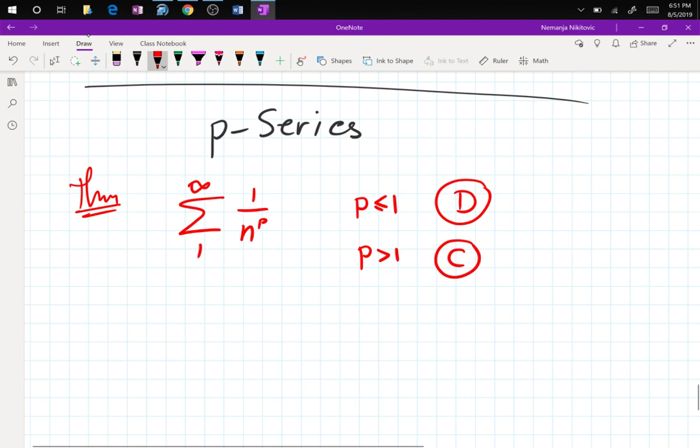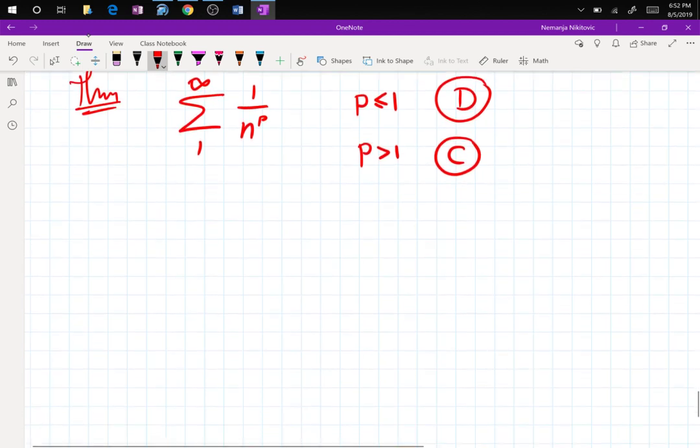And you can see quickly that 1 over n squared, P is 2, 2 is bigger than 1, that converges. So immediately, 1 over n cubed, 1 over n to the 4, they all converge. P equals 3 halves, convergent. P equals 2/3, divergent. So you just look at it.